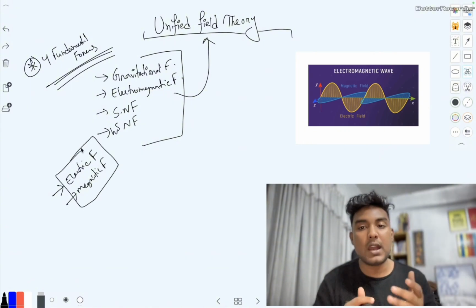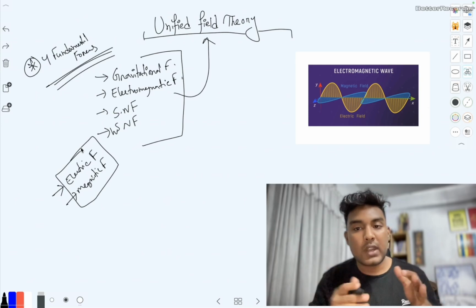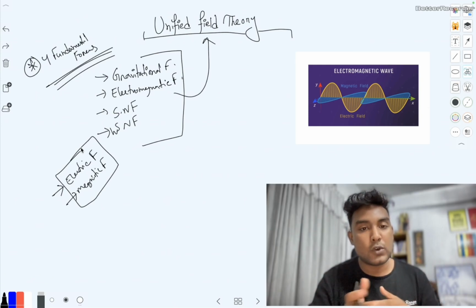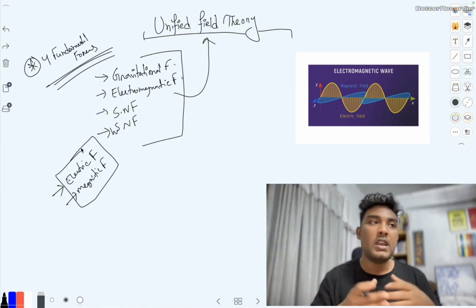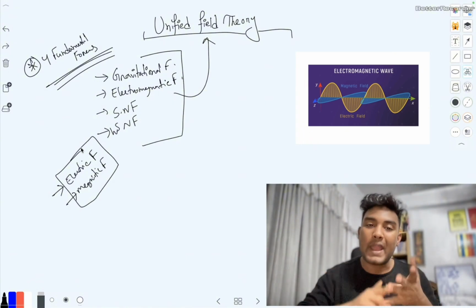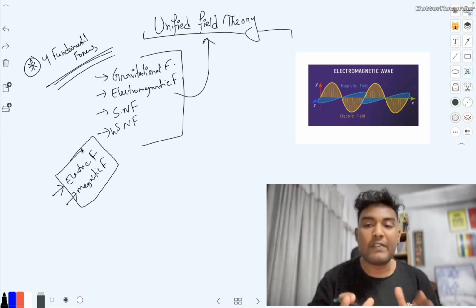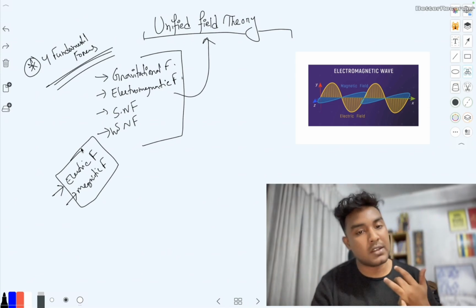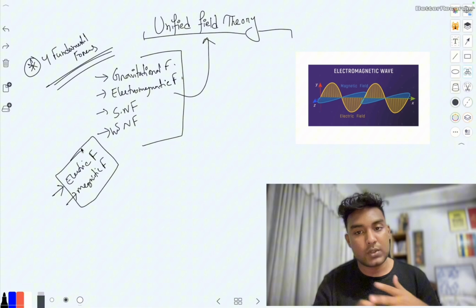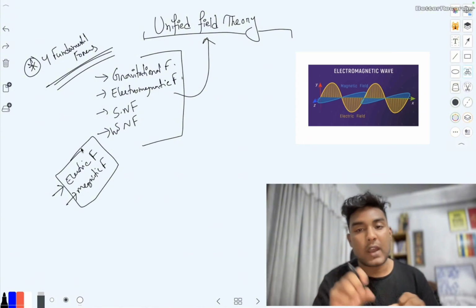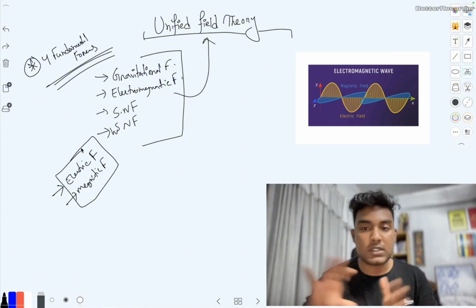Maxwell saw that we cannot really describe the electric field or electric force single-handedly. They are affiliated. If we have a magnetic field, there will definitely be an electric field, or if we have an electric field, the magnetic field will be there. So they are interconnected.